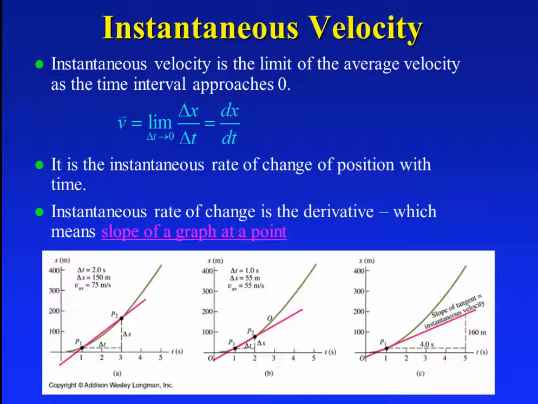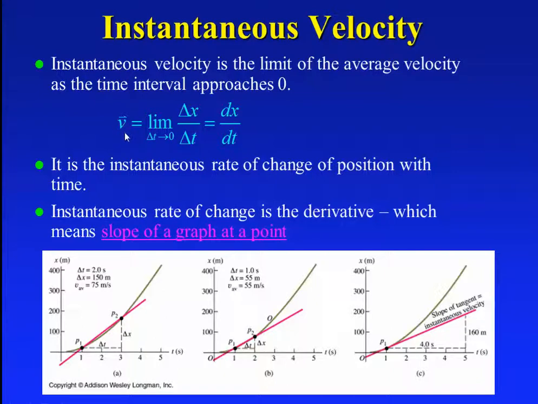Okay, so a more formal definition of instantaneous velocity is that it's the limit of the average velocity as the time interval approaches zero. So we put a little arrowhead, like a little half arrow above the letter to indicate it's a vector.